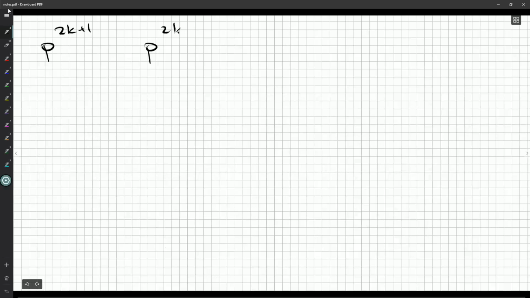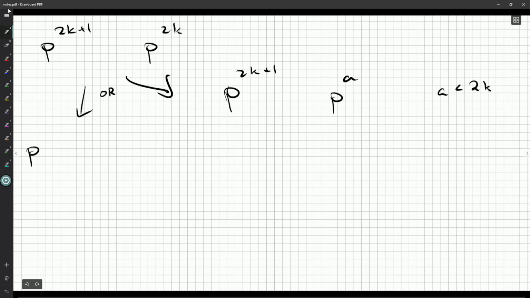So suppose I'm given p to the 2k plus 1, p to the 2k. No matter what I do, I should then be able to be given a loss. So we either go p to the 2k plus 1, p to the a, and a is less than 2k, or we get p to the a, p to the 2k, and again a is less than 2k.